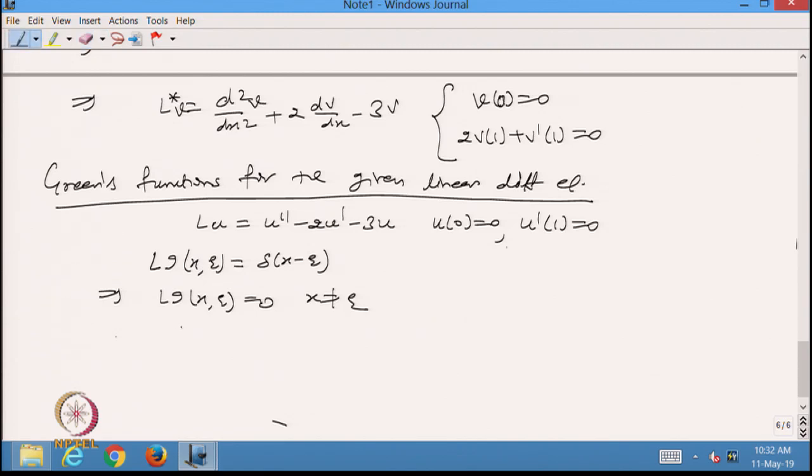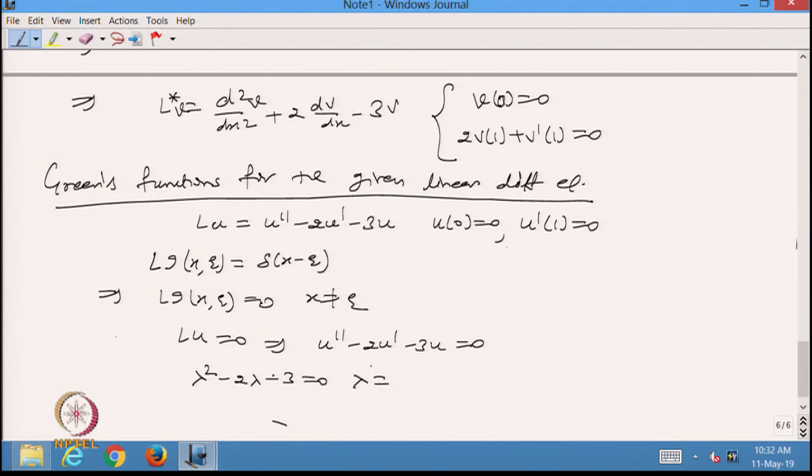Now, I know that Lu equal to 0 gives me u'' minus 2u' minus 3u equal to 0. So, from here the corresponding characteristic equation becomes lambda squared minus 2 lambda minus 3 equal to 0.